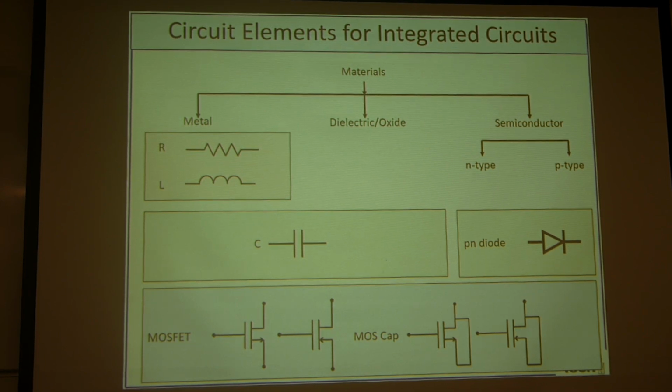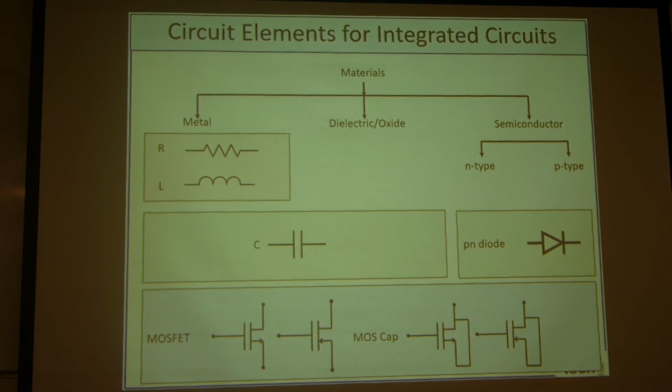So the metal-only circuit elements might be the resistor and inductor. And if we integrate metal and dielectric together, where dielectric has a conductivity lower than approximately 10 to the minus 8 siemens per centimeter, we can have a capacitor structure where we can store some charge.